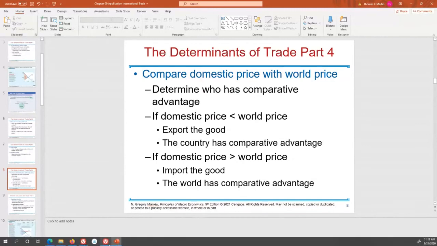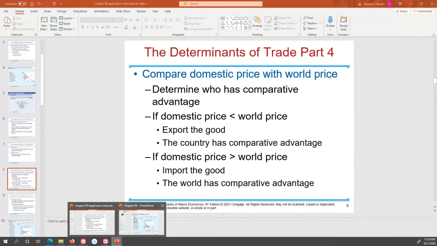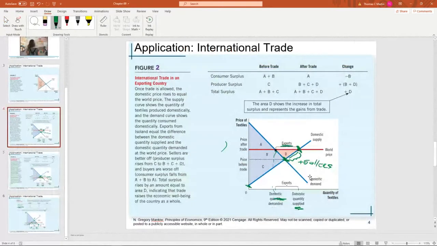Now, tariffs: if we were to add a tariff to this, and it'd have to be an export tax of some sort, we would see a decrease in the number of domestic buyers to here.